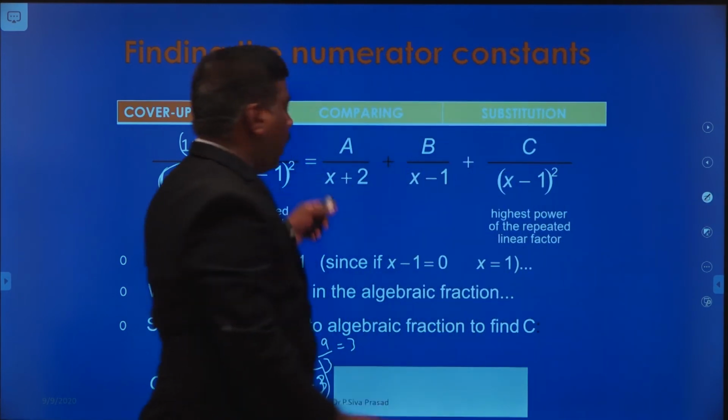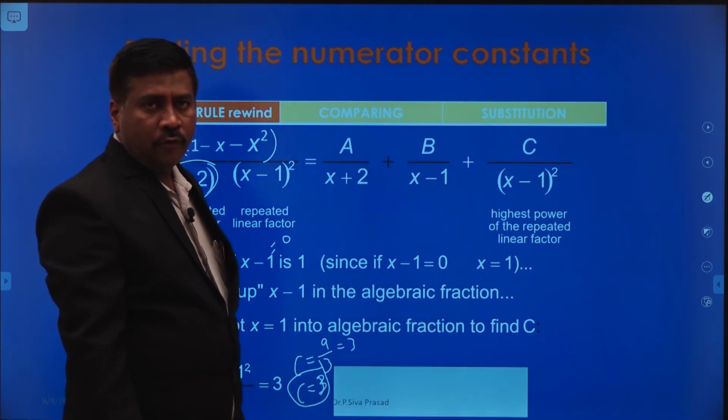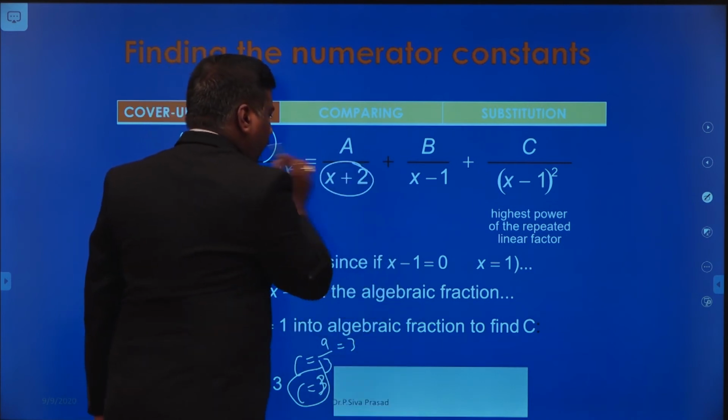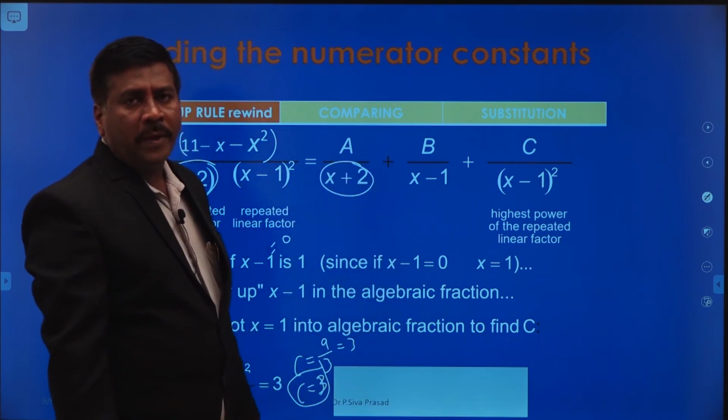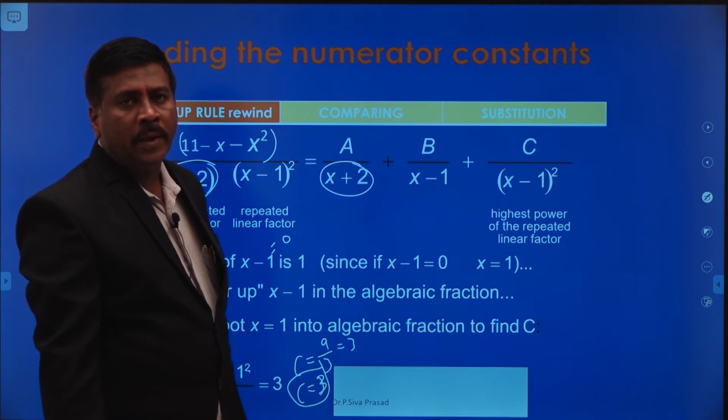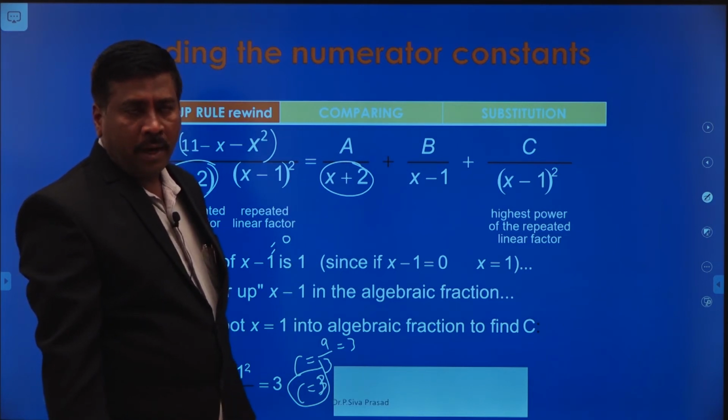For A, the denominator has the linear non-repeated factor x plus 2 equal to 0, then automatically I have to substitute x equal to minus 2.